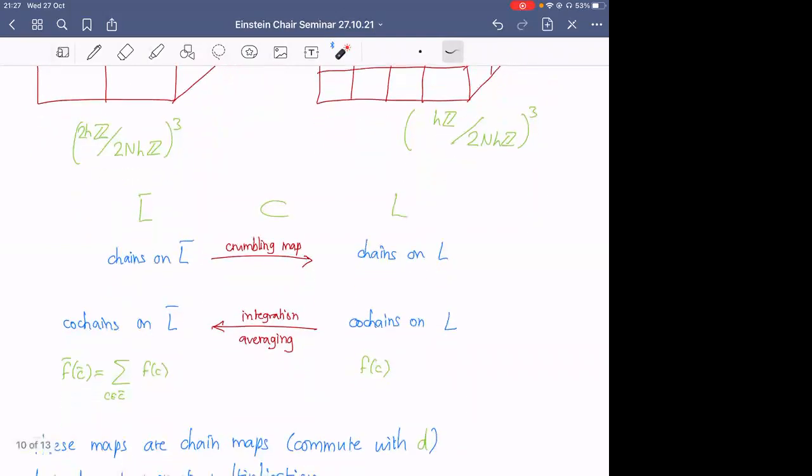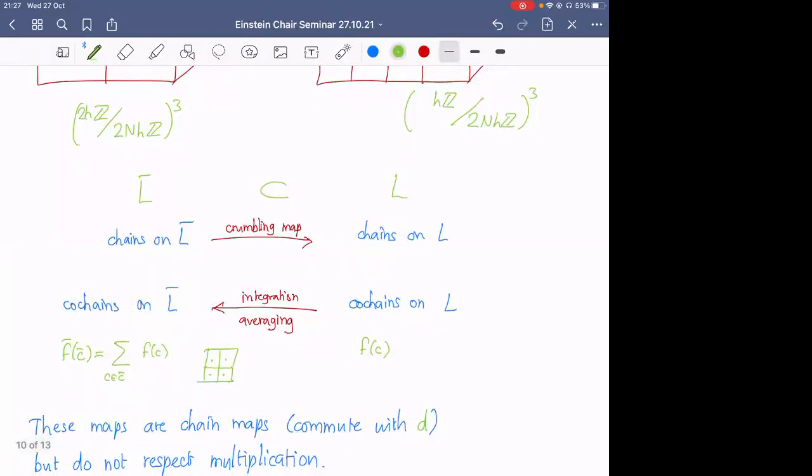So we have some sort of a subdivision, and you take the values and you average them or you sum them, whichever seems appropriate. So these maps are chain maps. In other words, they commute with the appropriate D. The subdivision map commutes with the boundary and the integration map commutes with the coboundary. But they do not respect multiplication, of course.